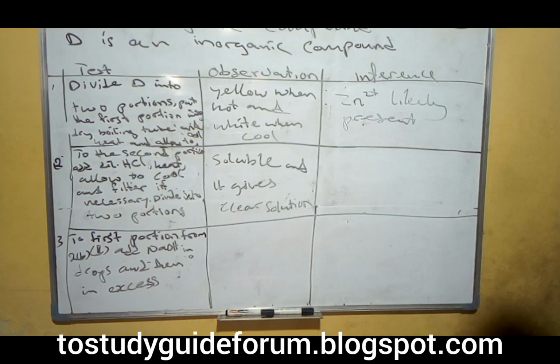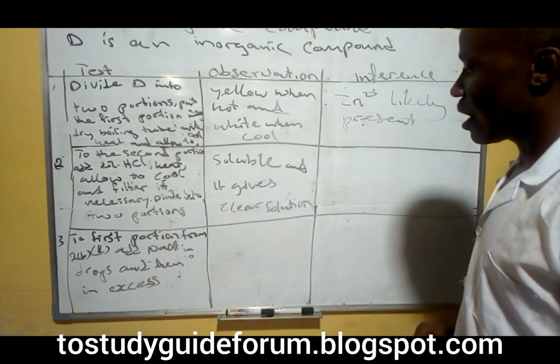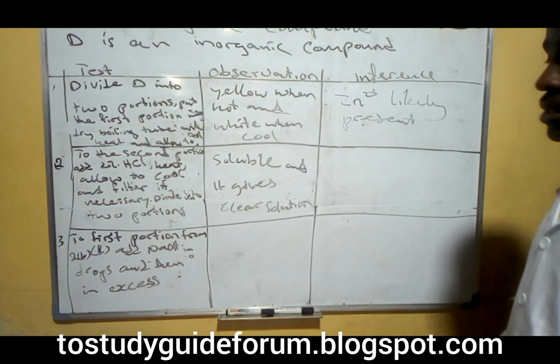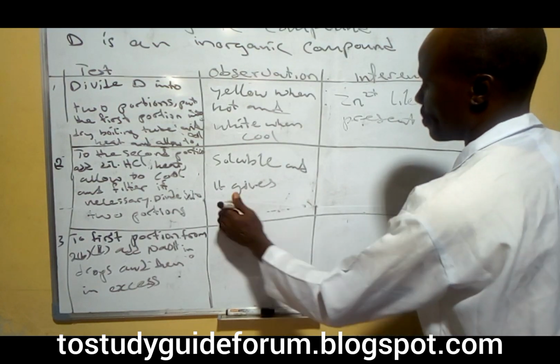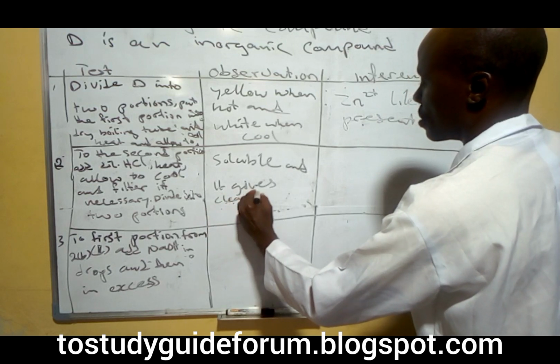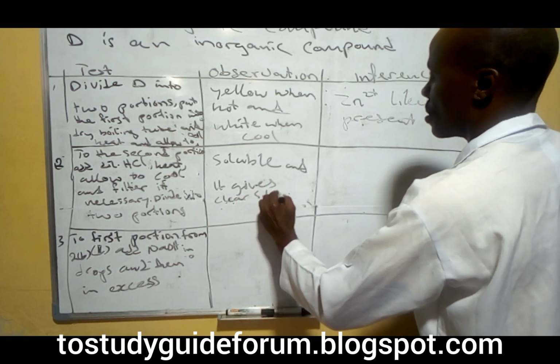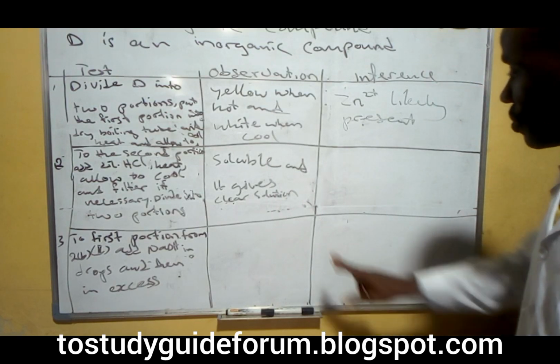On heating, everything turns out to be soluble, and there is no precipitate. Clear solution has already covered all.